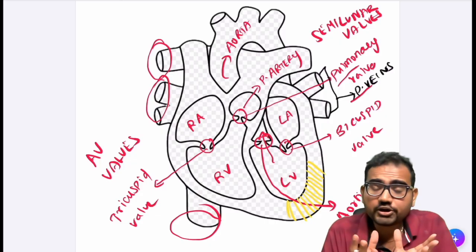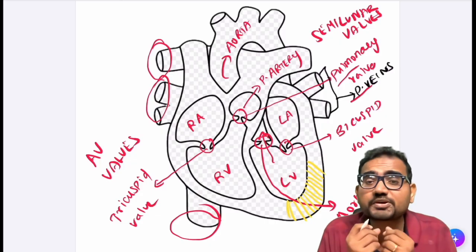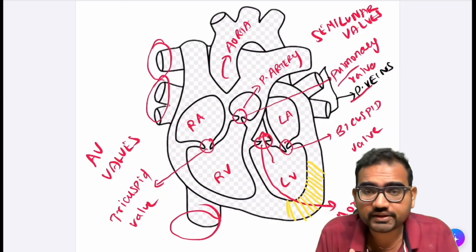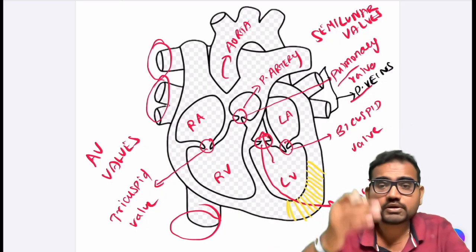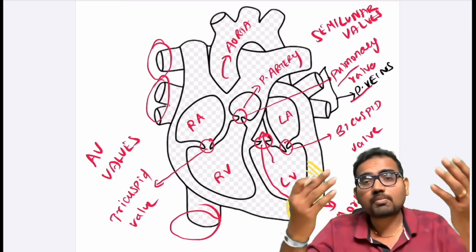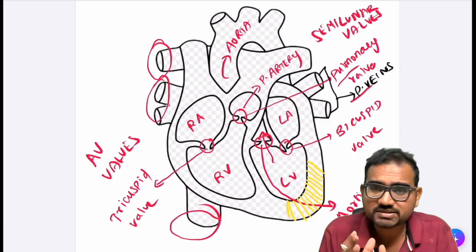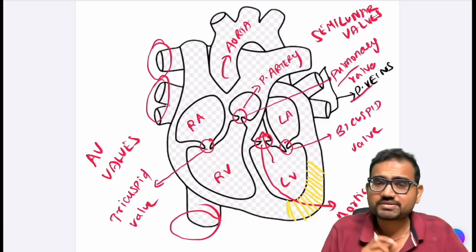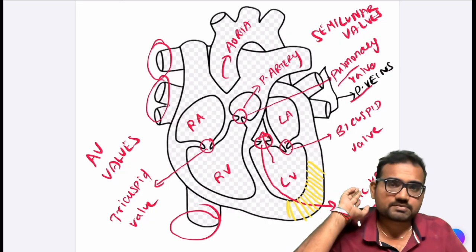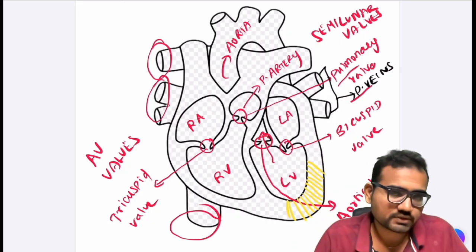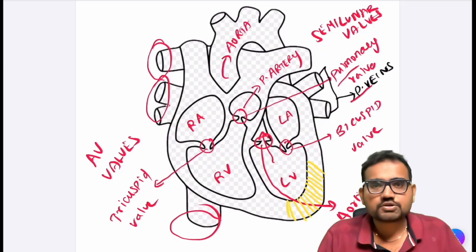The majority of the blood will be pumped by the left ventricle into the aorta, so more pressure or more energy is needed there. It is distributed all over the body from the head to the toes, so a greater amount of pressure is needed. That is why you see more muscle there compared to the right ventricle. Whereas the right ventricle has to pump the blood only to the lungs, which are very near to the heart. That is the reason you see a little less muscle compared to the left ventricle.